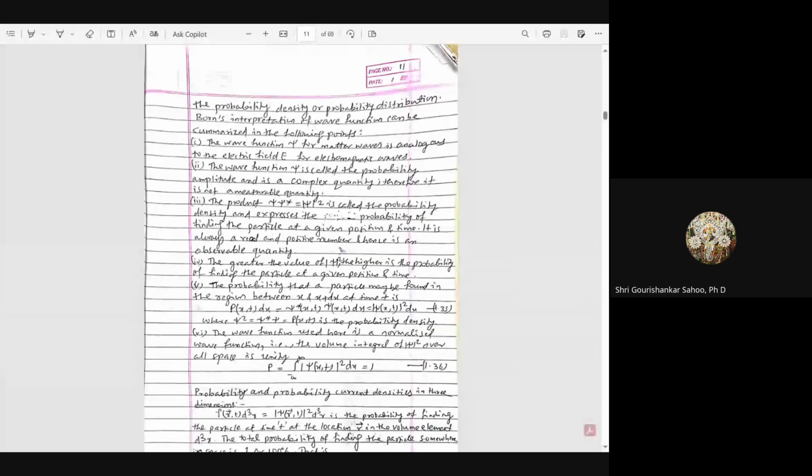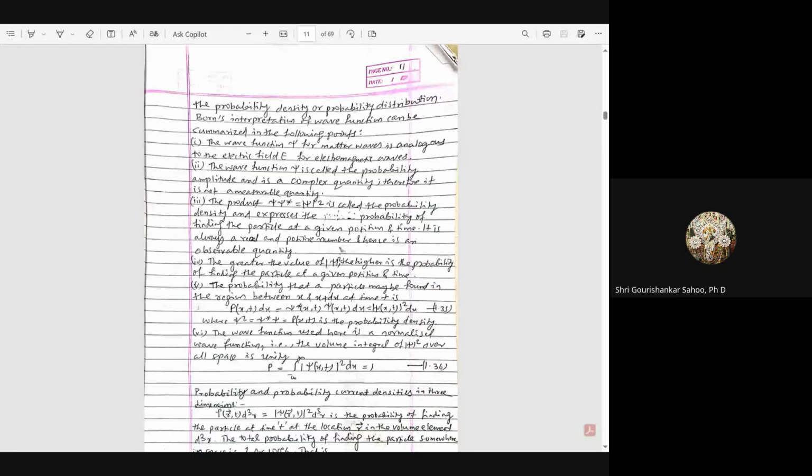The greater the value of psi square, the higher is the probability of finding the particle at a given position and time. The probability that a particle may be found in the region between x and x plus dx at a time t is P dx, equal to psi star psi dx or modulus psi square dx, where modulus psi square is equal to psi star psi, or rho, the probability density.